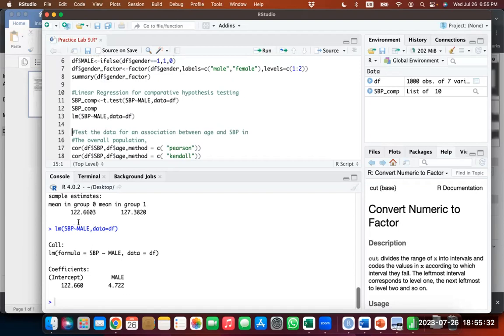If you look at the t-test, the intercept in the regression model is consistent with the mean in group 0. If we add 4.72 to our intercept, we have established the mean for the group where male equals 1.